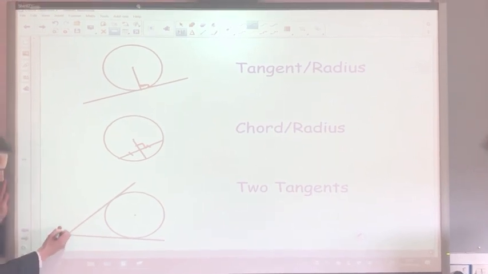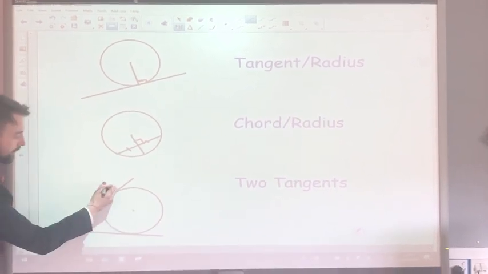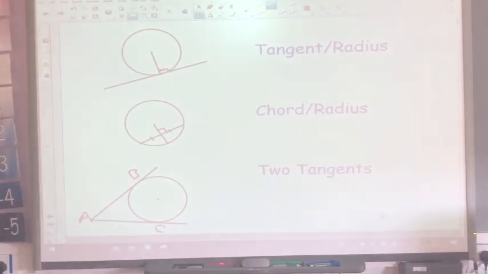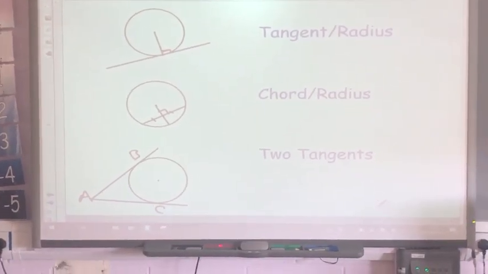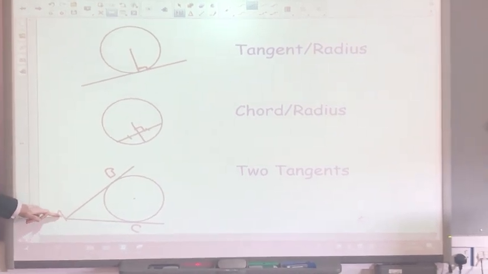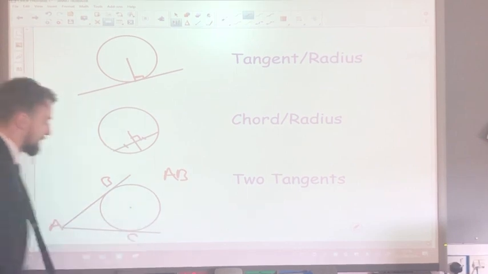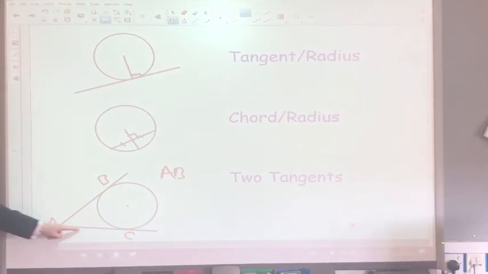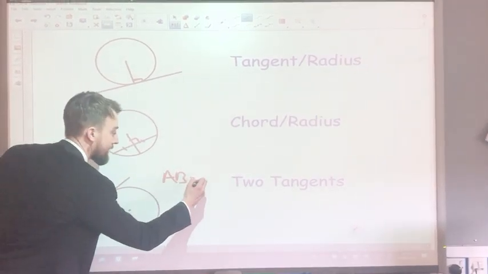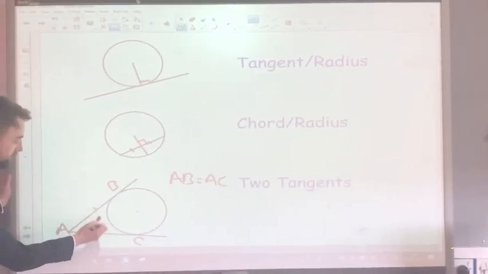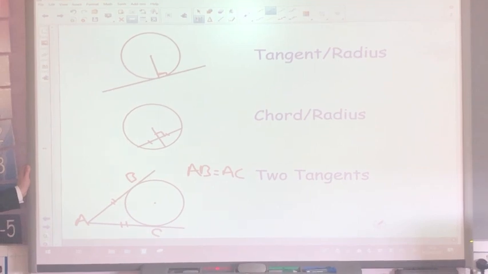I'm going to call this A. I'm going to call the point where they touch their B and the point where they touch their C. And what you need to know from this is that the distance from A to B is the same as the distance from A to C. And show that using these bits of notation here.